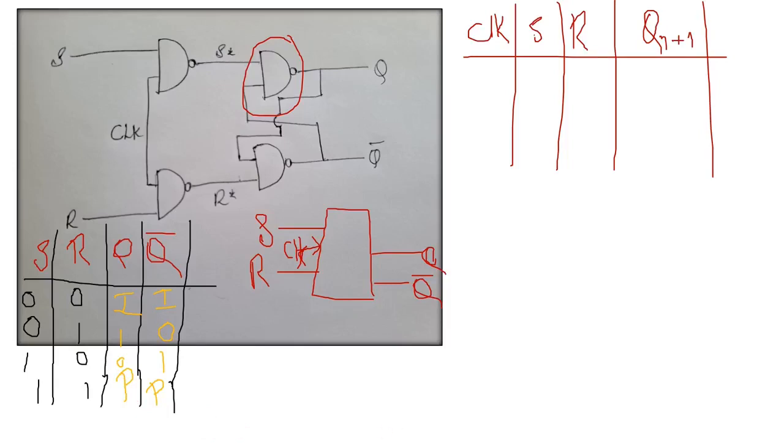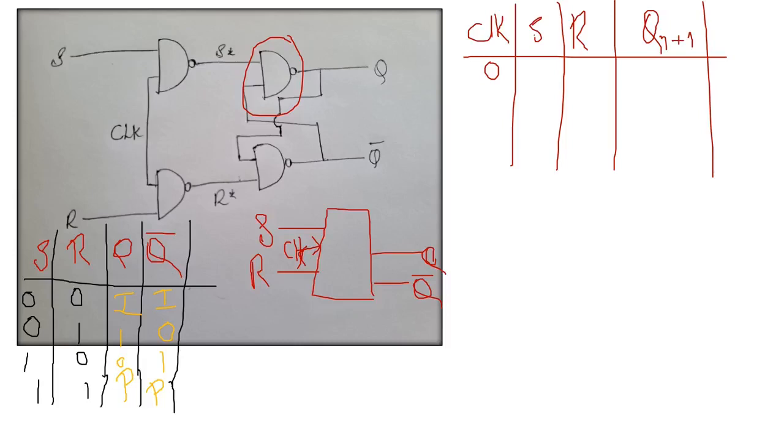So the truth table for SR flip-flop is when clock value is 0. Here you can notice that when clock value is 0, if one of the inputs is 0 for a NAND gate, then the output will be 1. Hope you know this truth table of NAND gate.